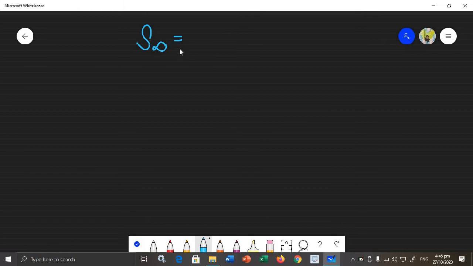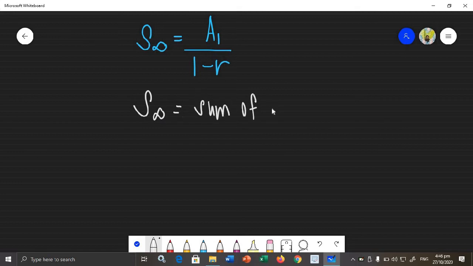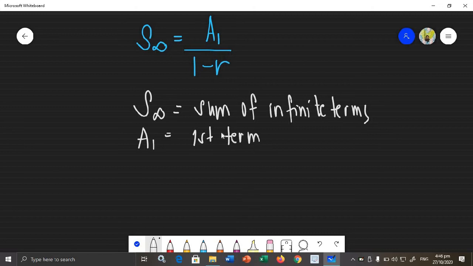S sub infinity is equal to a sub 1 over 1 minus r, wherein S sub infinity stands for the sum of infinite terms, a sub 1 is the first term in the sequence, and r is your common ratio.